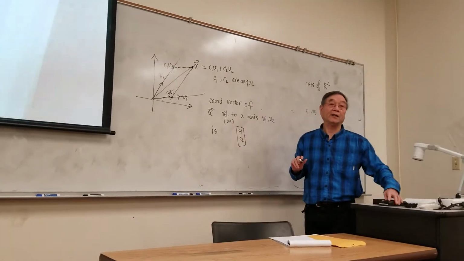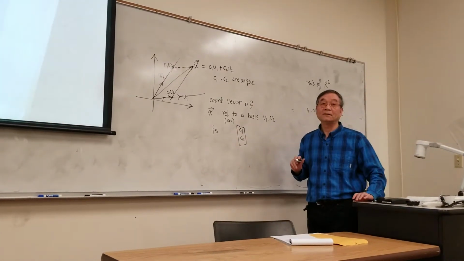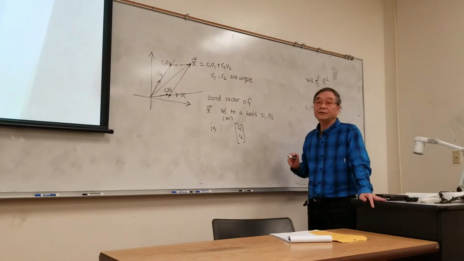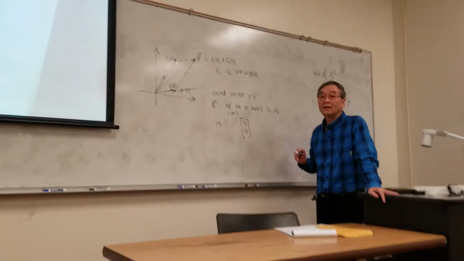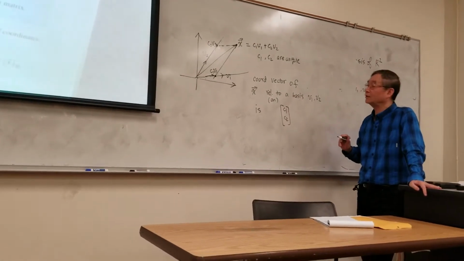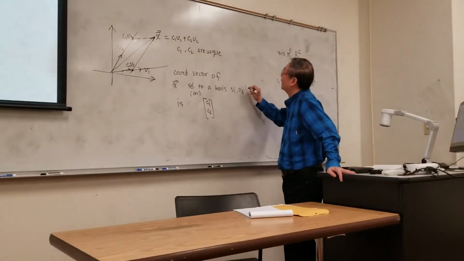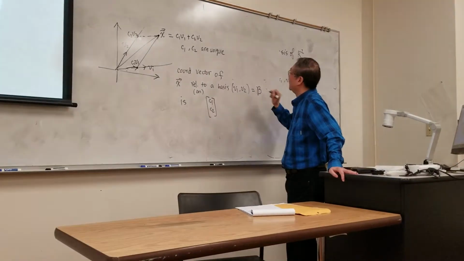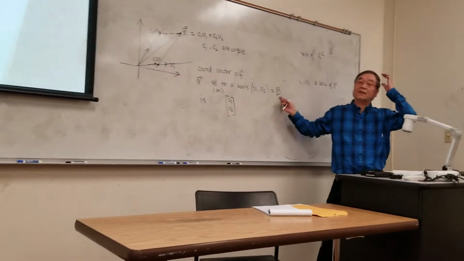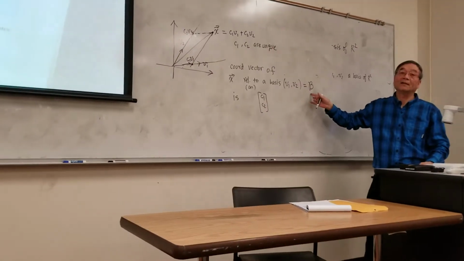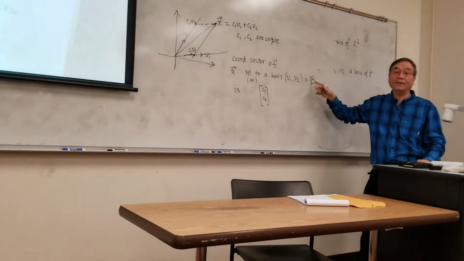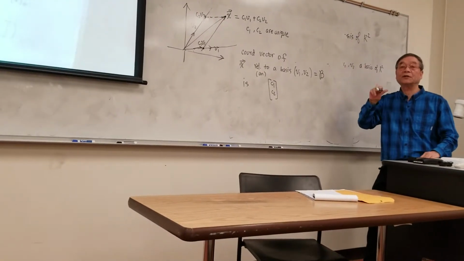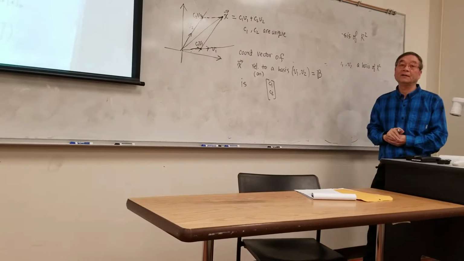Be prepared, okay? We're going to throw at you some fancy letters and notations. So for this basis, we use this B. It's a B, but it's a curly B, right? For basis.